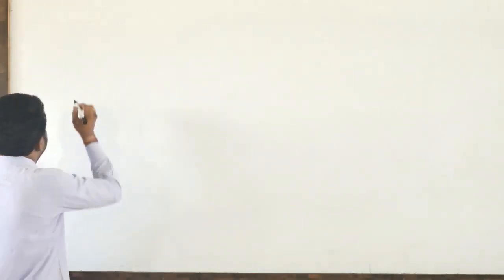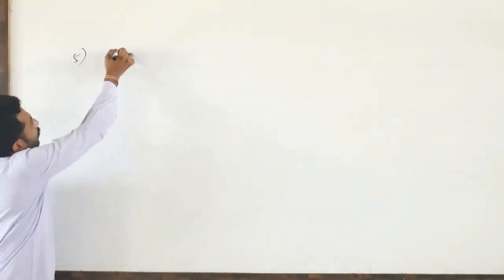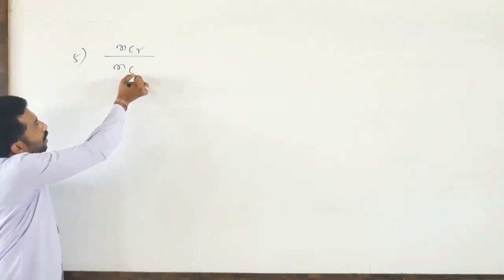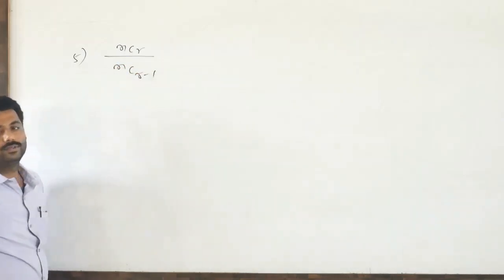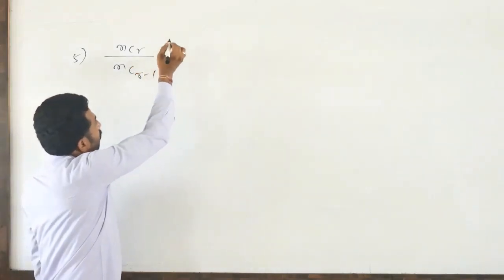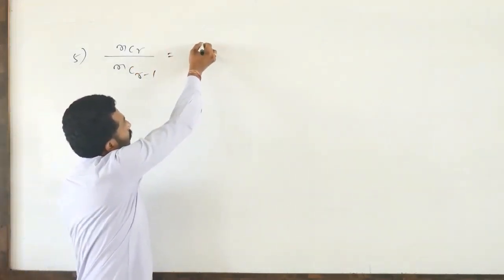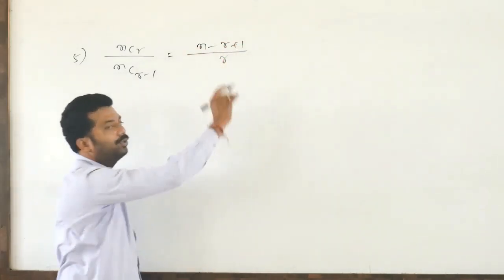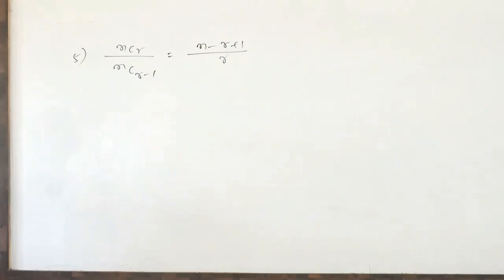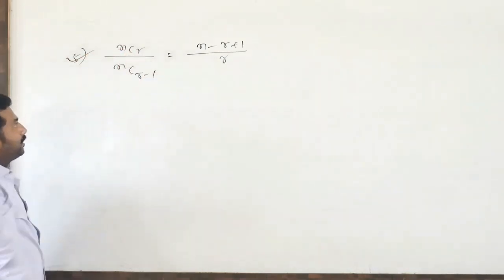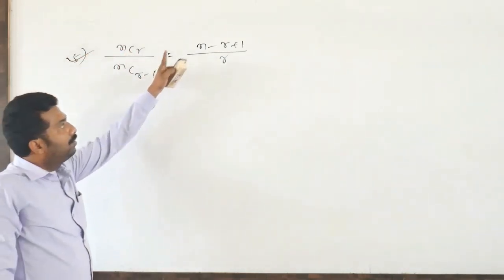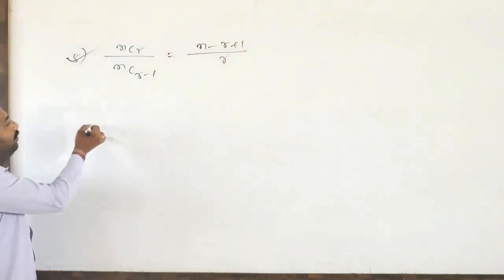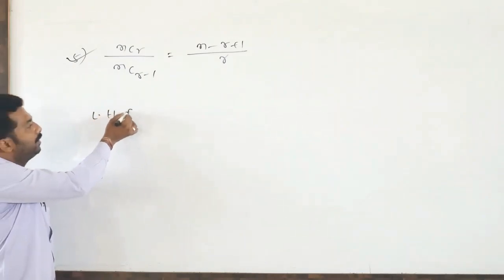By property number 5, nCr by nC(r minus 1) equals (n minus r plus 1) by r. I am taking the LHS part.